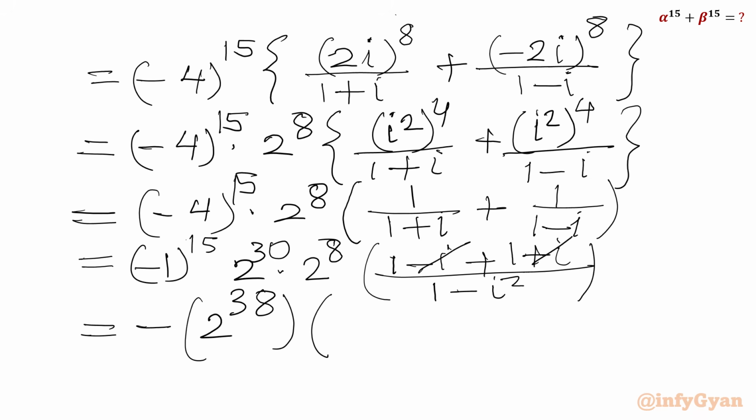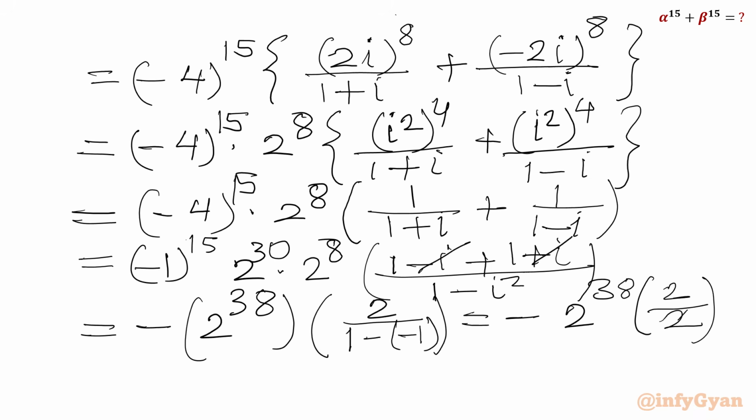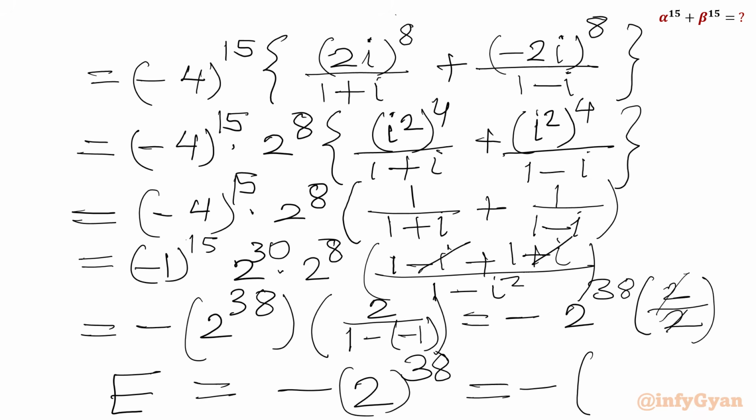And here I will write 2 over 1 minus of minus 1, which will give us minus of 2 power 38. Here I will write 2 over 2. So these two 2's will be over. We will get our answer minus 2 power 38. Or we can write minus of 2 power 38. This is our final answer.